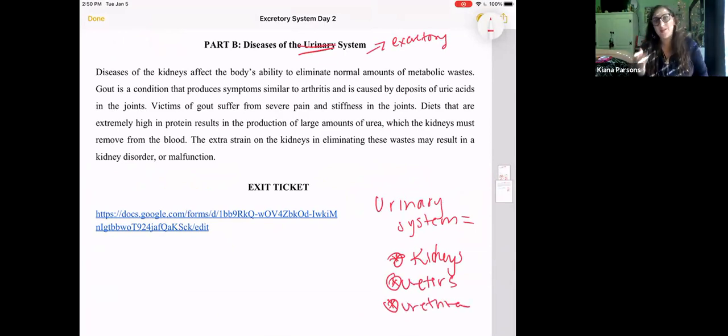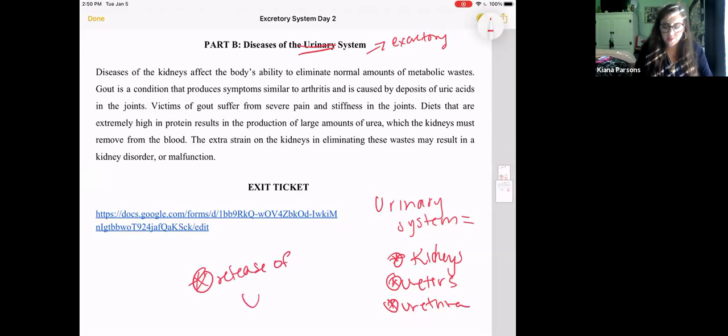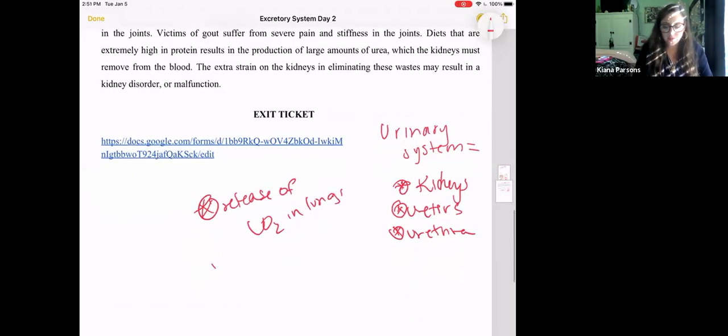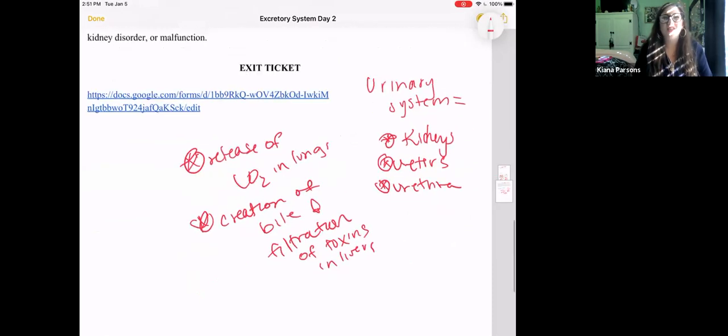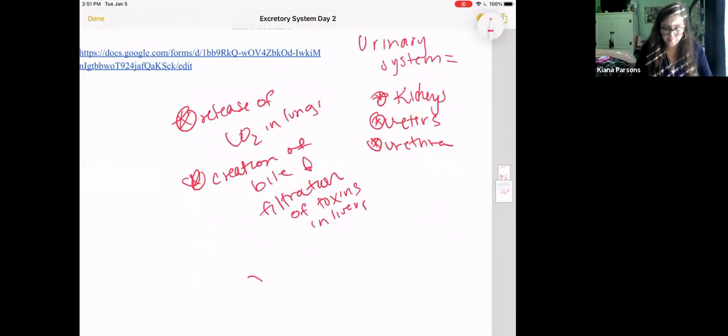But then the excretory system also includes release of CO2 in the lungs, creation of bile in the liver, and filtration of toxins in the liver. Usually toxins that we eat or drink, as opposed to things that are in our blood, which are filtered at the kidneys.